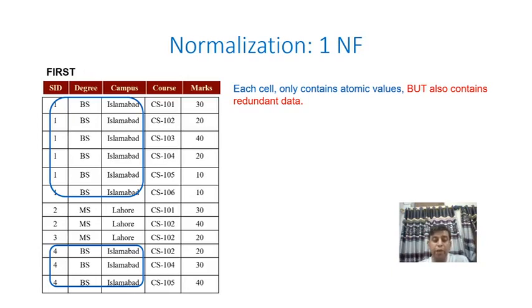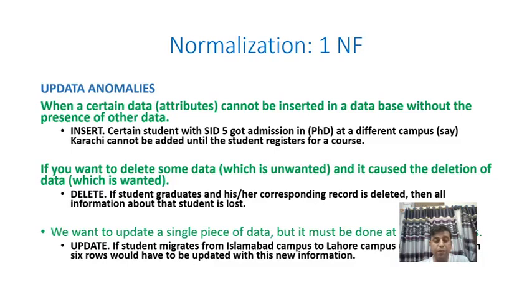Since we don't have them, we cannot enter the available data, that is student 5, degree program PhD and campus Karachi, in this table. So we need to reorganize this table in a way that we can add the available data.